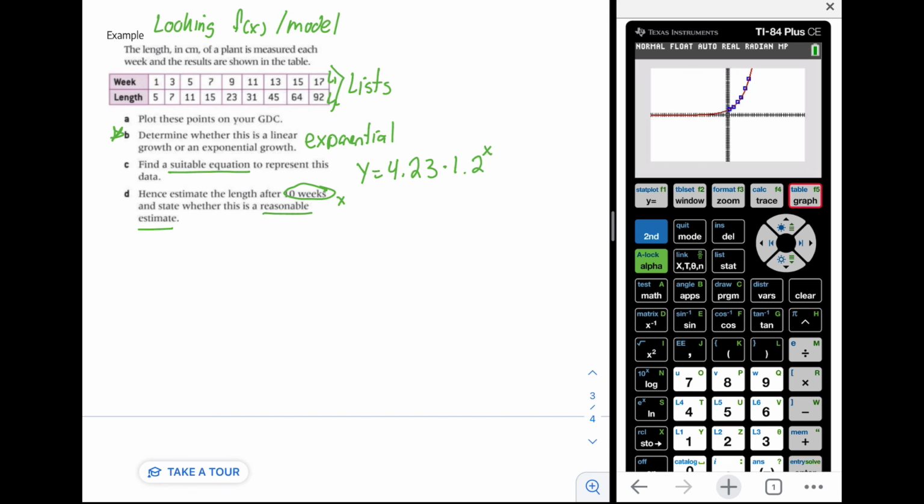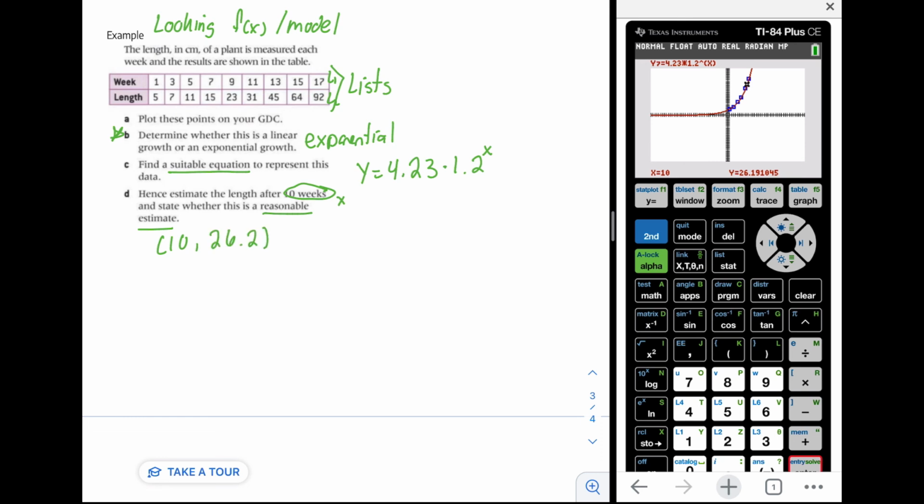If I graph this, now I have my function, and I can go trace. I don't want to trace the plots, right? Because that's just going to give me the actual points. So I'm going to either click up or down to change what you want to trace. I want to trace from the function, and then I'm going to write 10, and I get the point 10 and 26.2 if you round to 3 significant figures.